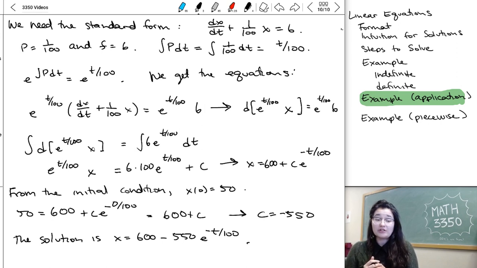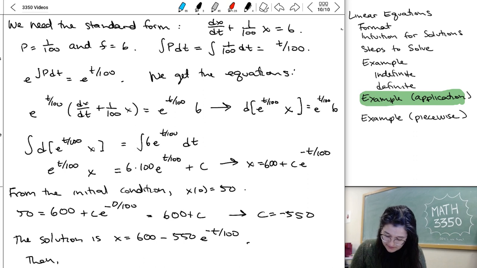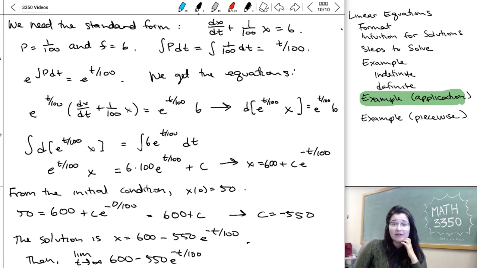The actual question was, how much salt is left in the tank after a long time? So with this solution, we actually have to go ahead and take a limit. After a long time means we take t to infinity. We go ahead and look at e to minus t over 100.